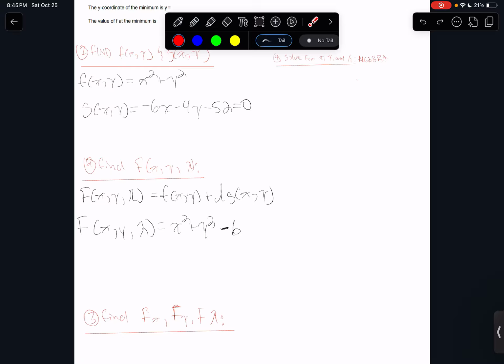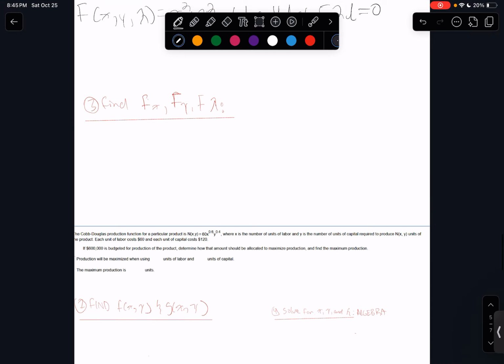So we're going to have negative 6 lambda x minus 4 lambda y minus 52 lambda equals 0. And that's it for step 2.